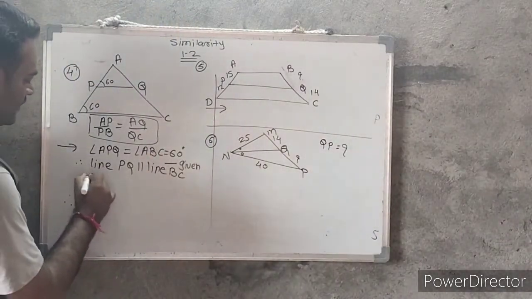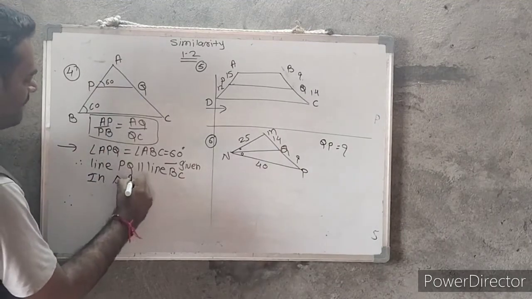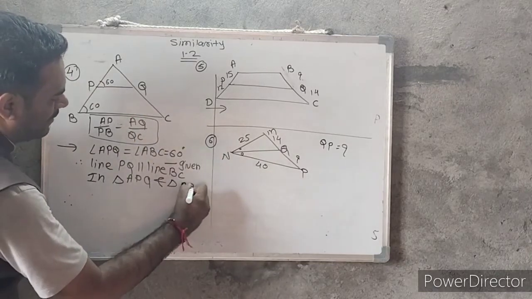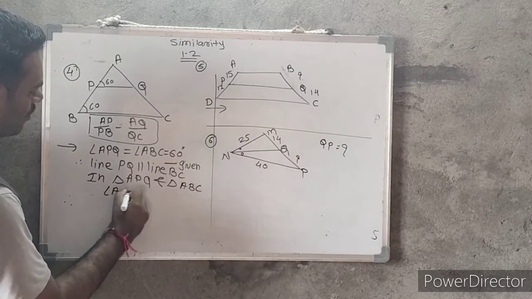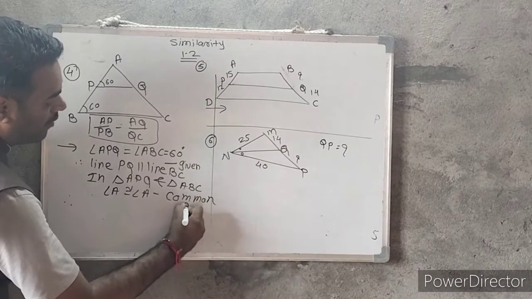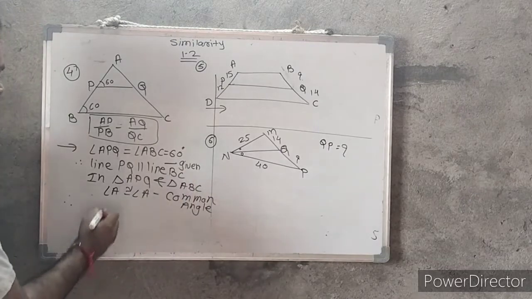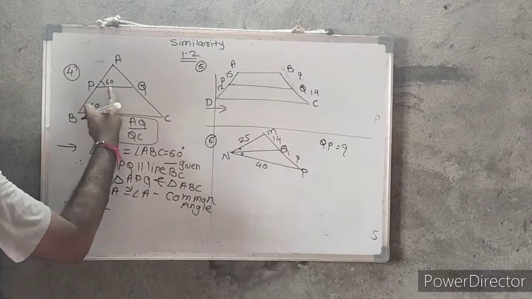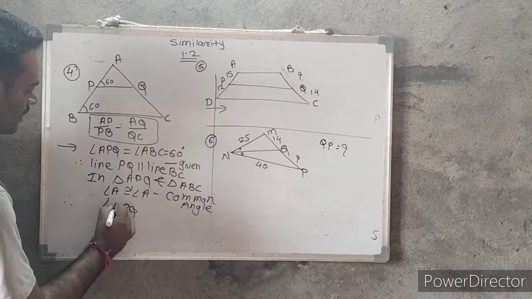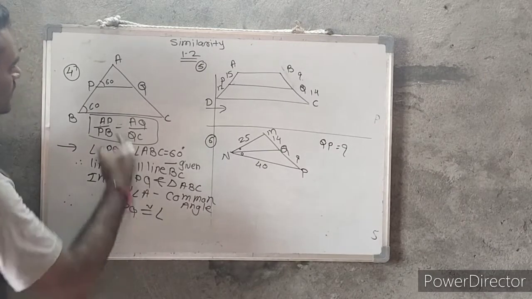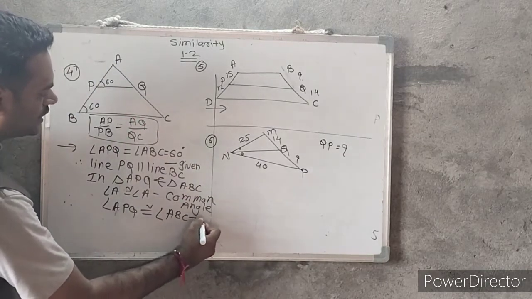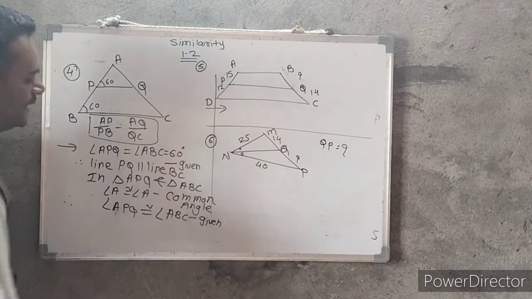Now in triangle APQ and the whole triangle ABC, angle A is congruent to angle A, because it is a common angle. Then angle APQ is congruent to angle ABC, because given, or corresponding angles are equal.